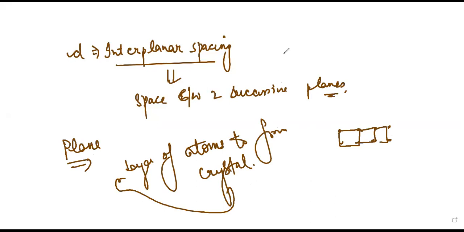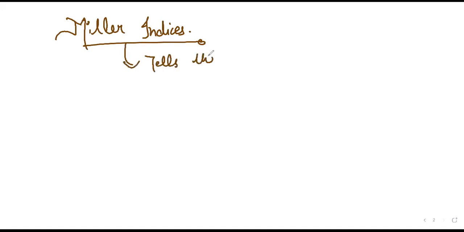Now the word I'm using again and again, and it is very important, is Miller indices. So Miller indices basically tells us about the orientation of the plane. Orientation means where it will go, how much angle it is going to make. Miller indices basically tells the orientation of planes in a crystal.